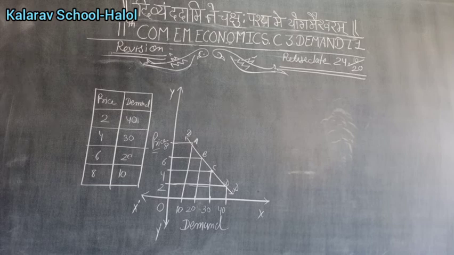Next, real income. Real income is the purchasing power of the money income which the consumer has in his pocket. In other words, the amount of goods which a given money income can buy is the real income. Now, Giffen goods: the inferior goods are called Giffen goods in economic terms. Giffen goods are those goods whose demand falls when their price falls. Ultimately, what is the law of demand?